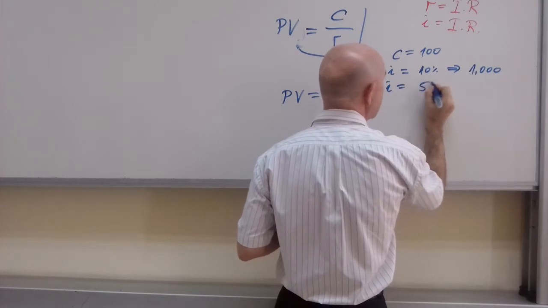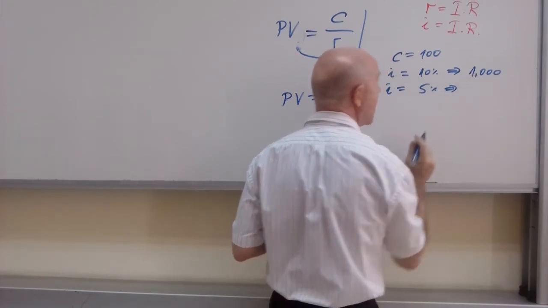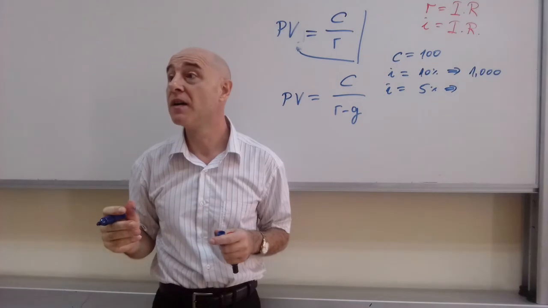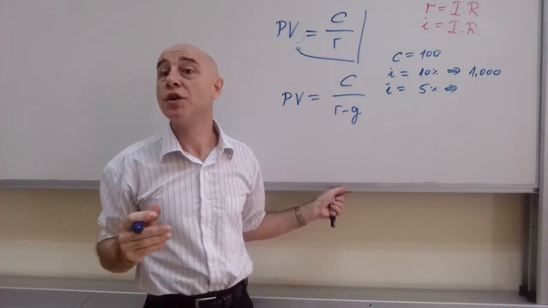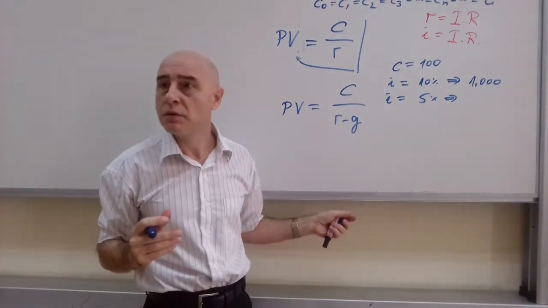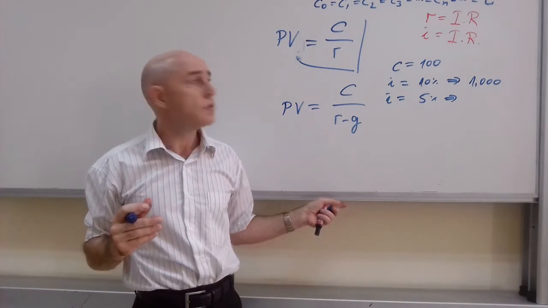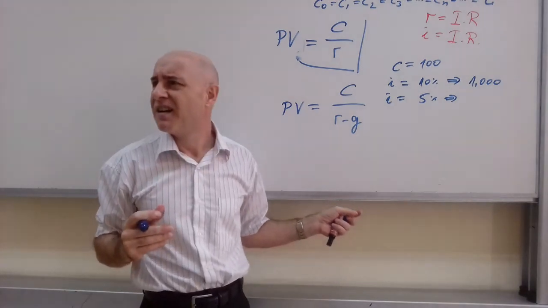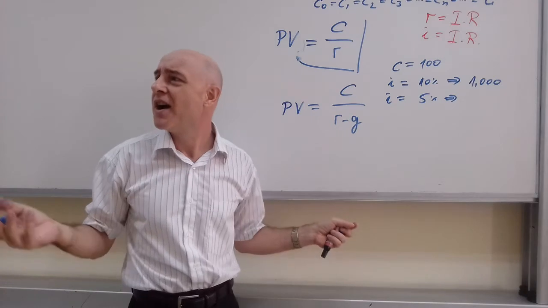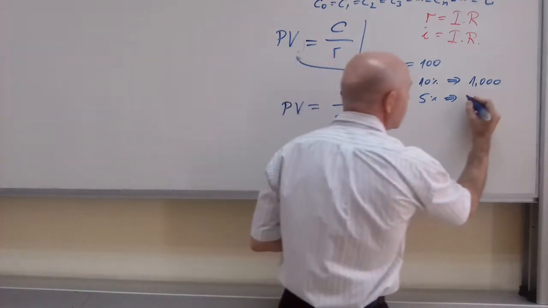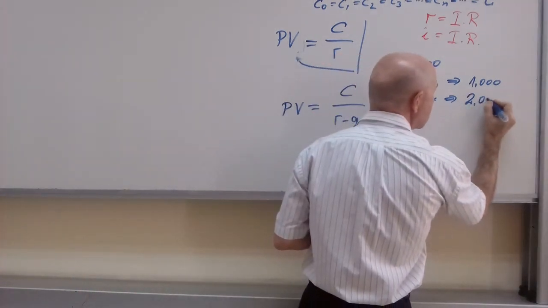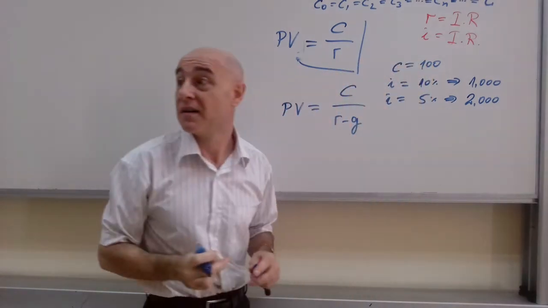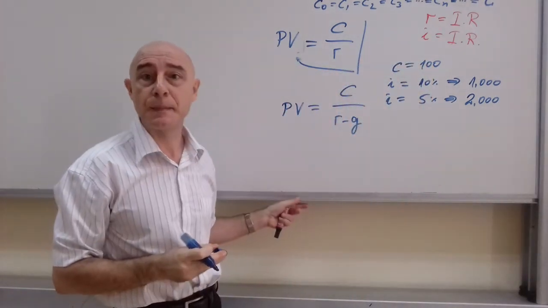At an interest rate of 5%, the present value will be 2,000. Is it or not? Yes.